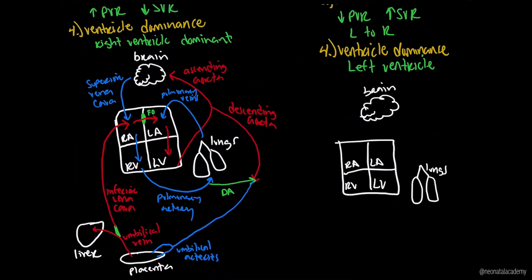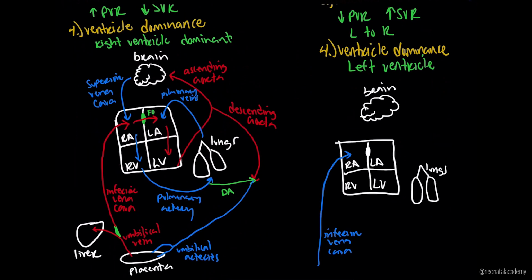So now that inferior vena cava is going to come up and bring deoxygenated blood now into the right atrium from the body. So blood's coming from the body. Now that foramen ovale we talked about earlier is now going to be functionally closed since the pressure changes in the heart.